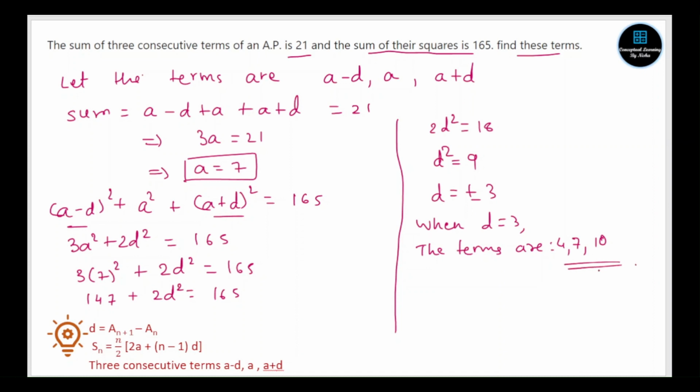So these are the 3 terms. Now when d equals minus 3, then the terms are 10, then 7, and then 4. So it is the same thing, but decreasing or increasing AP. I hope you understood this one also.